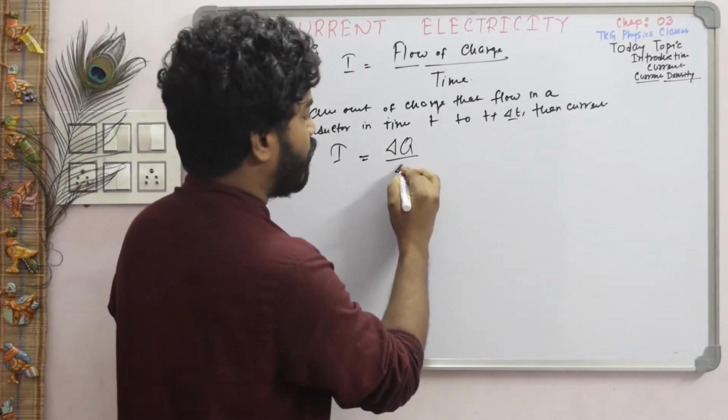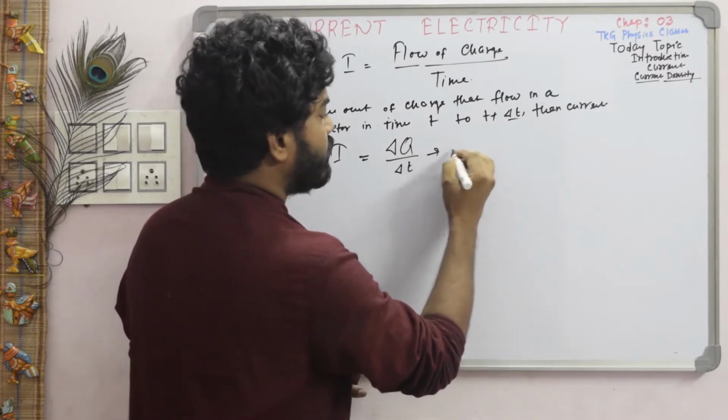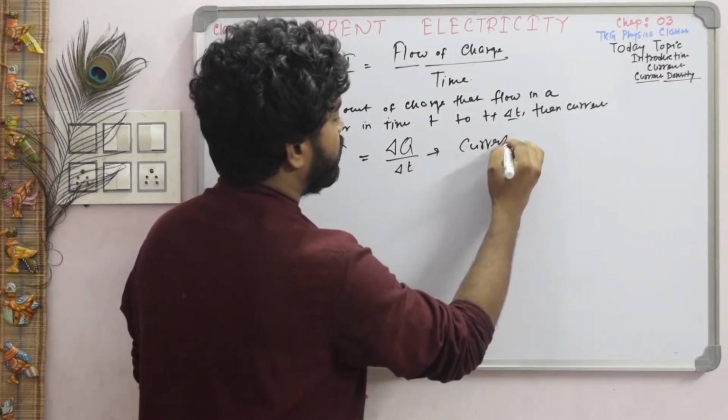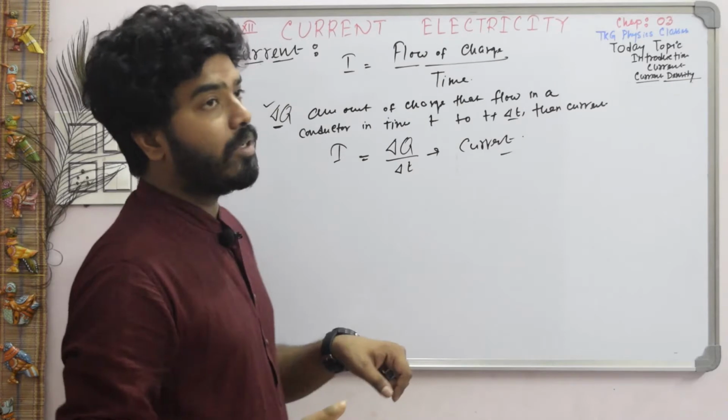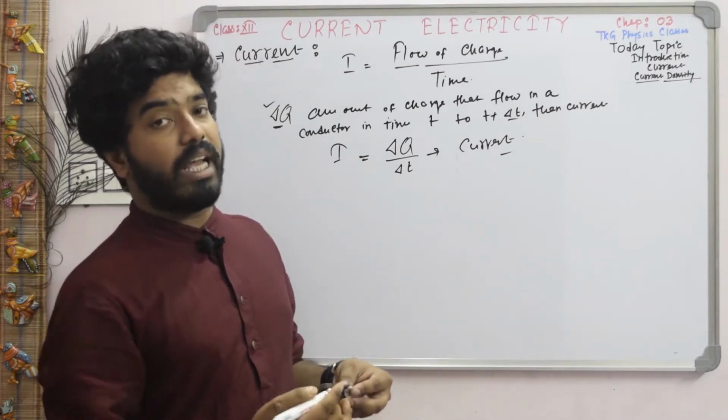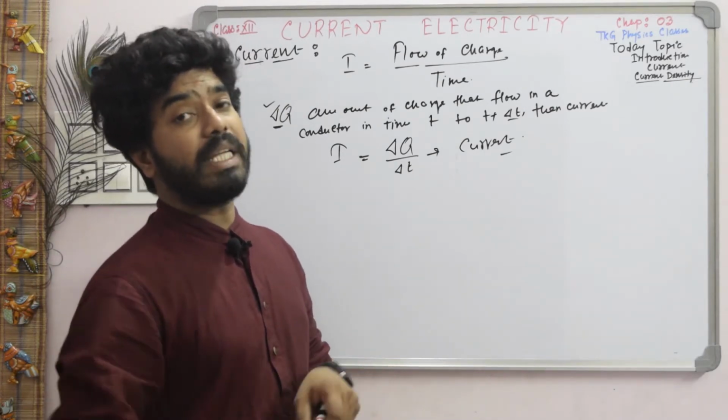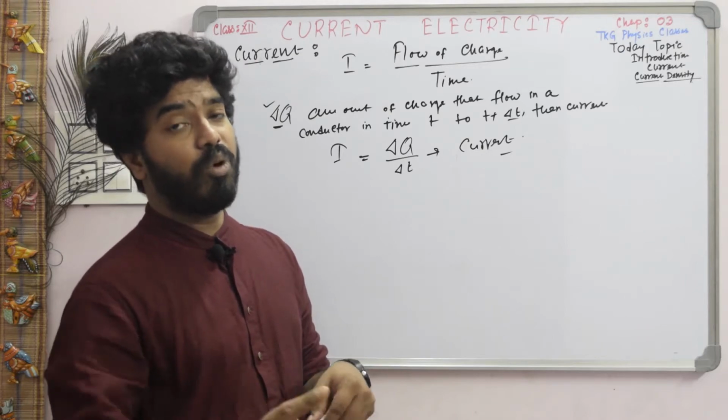So del q by del t represents current, and this is the definition of current, I equal to rate of flow of charge, and the charge flows when there is a potential difference between 2 points.